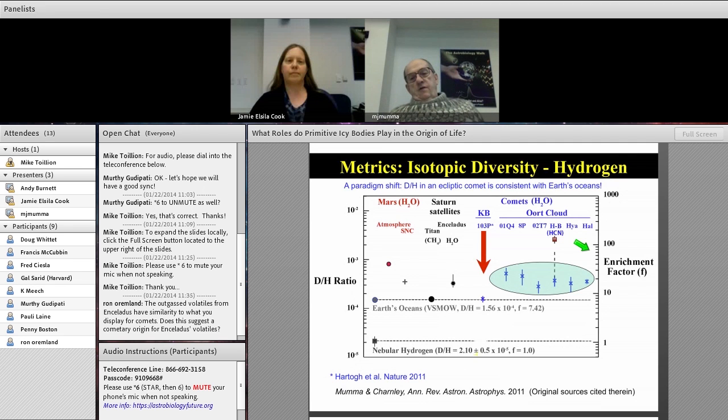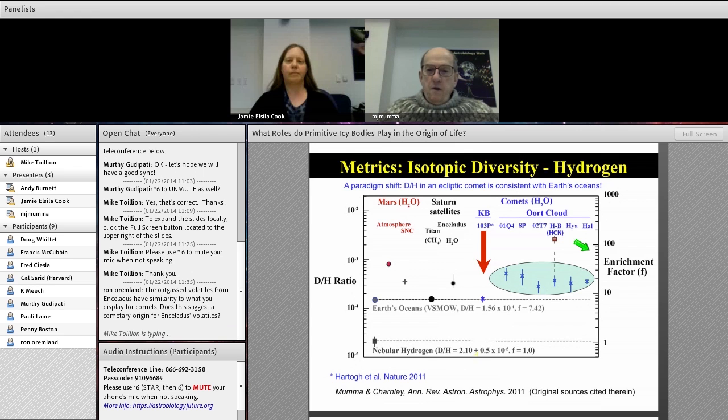And if you had asked that question 3 years ago, the answer would have been encompassed by this ellipse to the right here, that for a total of 7 comets, the mean value is twice enriched relative to terrestrial water. And so this led people to assess the possibility of delivery of Earth's oceans by cometary impacts as being quite small. Roughly 10% of Earth's ocean water could come from comets of this type.